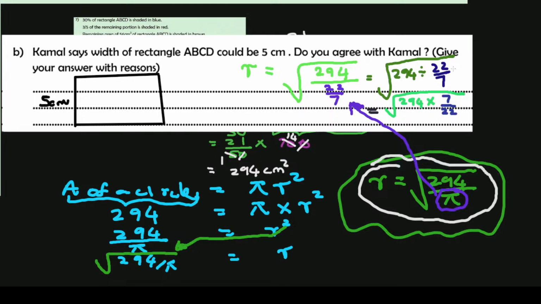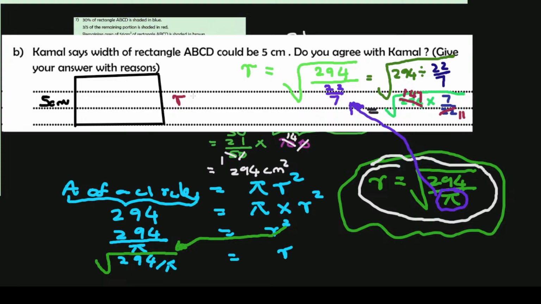Right. Then what do we get? Let's get a rough value. 22 divided by 2 is 11. We can cancel by 2. And 294 divided by 2 is 147. All right. So then what do we have for the radius?